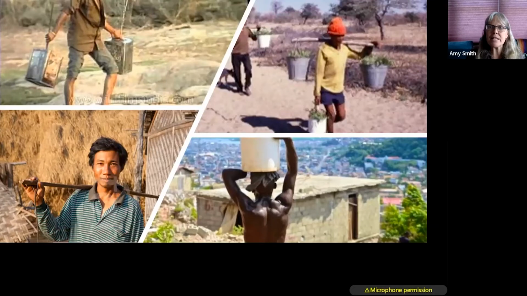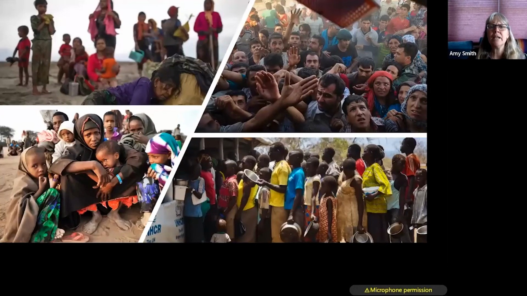So there are some biases that come through what we've learned, and many biases that come through what's presented to us by the media. Frequently when the media talks about humanitarian situations and refugees, they show needy people, vulnerable people, people receiving handouts.